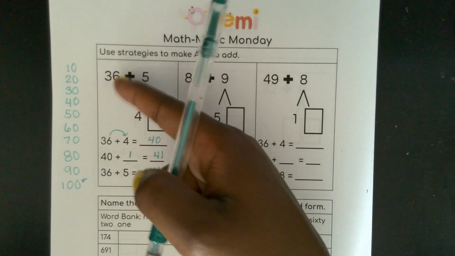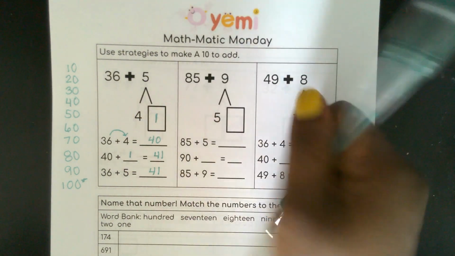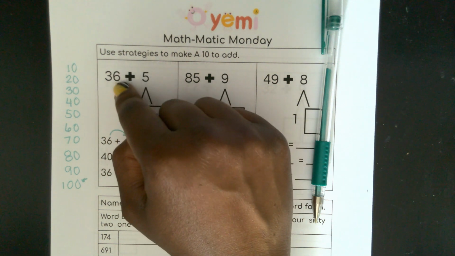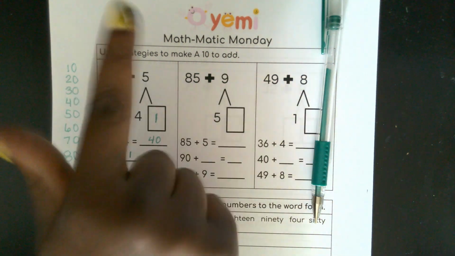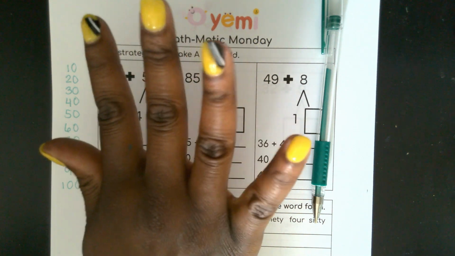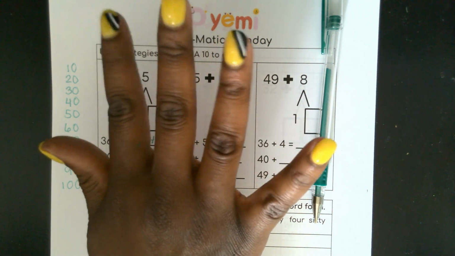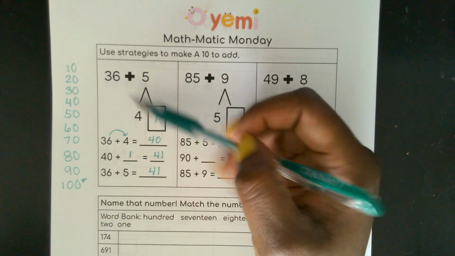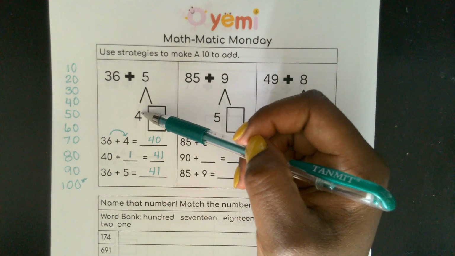So for those of us who like to use the count up strategy, you could have done 36, 37, 38, 39, 40, 41. You could have just used your fingers. Mentally, you can use a 10 to help you add.